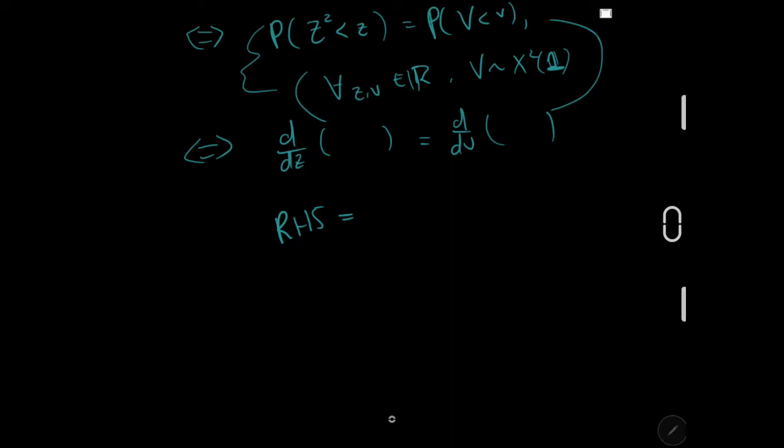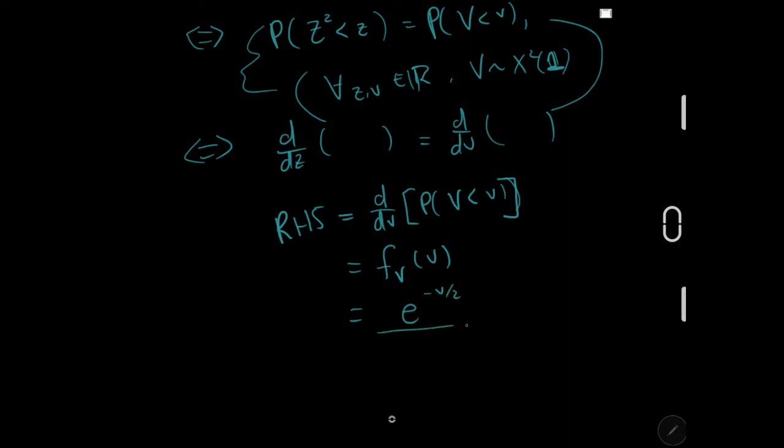The right-hand side is the derivative with respect to small v of the distribution function of V, which is just equal to f V of v, and we wrote earlier what that is. That is equal to e to the minus v over 2 over the square root of 2 pi v. So that's the PDF of a chi-squared with 1 degree of freedom.